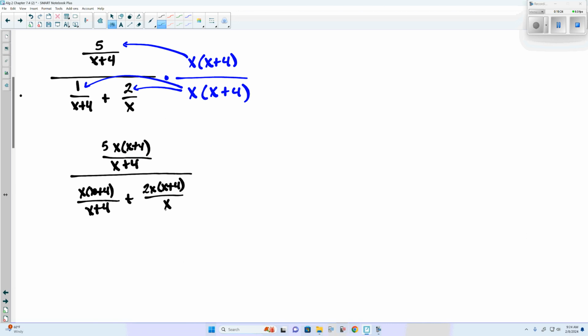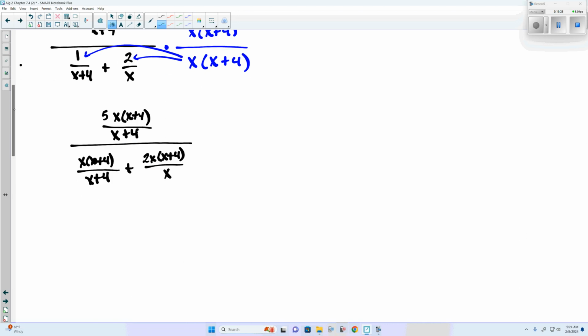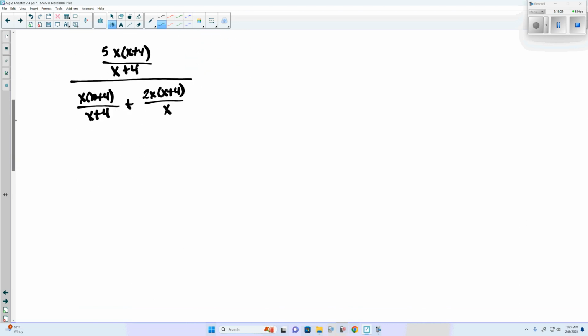If I look in the numerator, because we have 5x times x plus 4 over x plus 4. In the numerator, do we have something in common on top and bottom? Yes, we have x plus 4 and x plus 4. Well, that tells me my numerator is now, all of the fractions are simplified out of the numerator, yes?